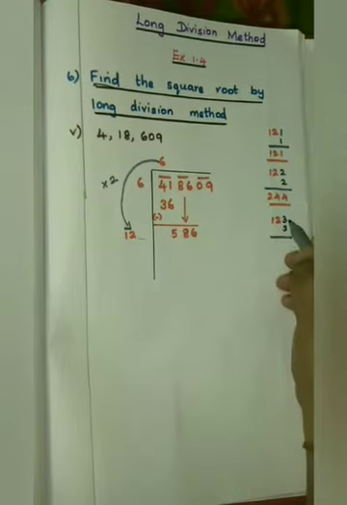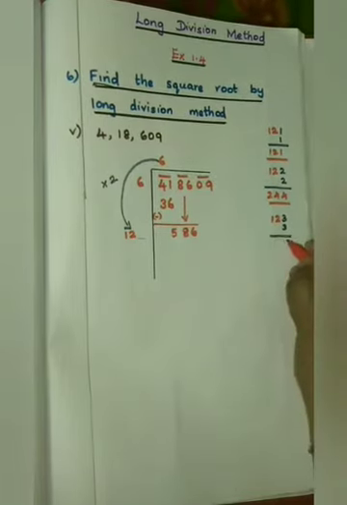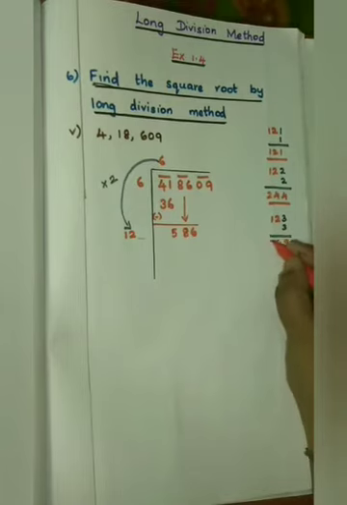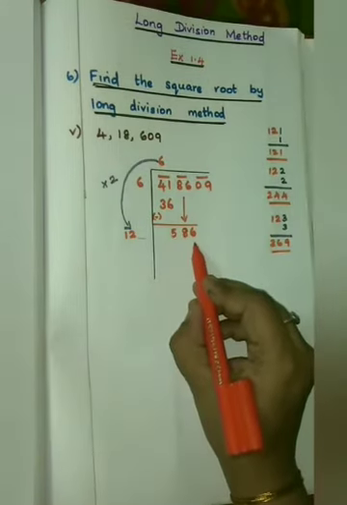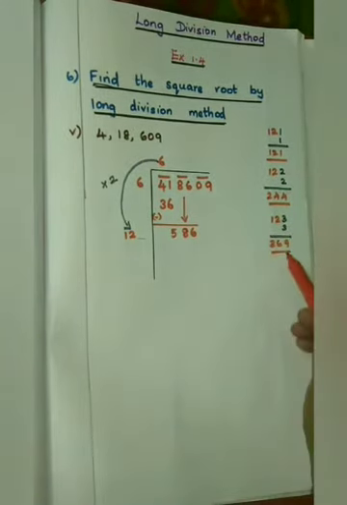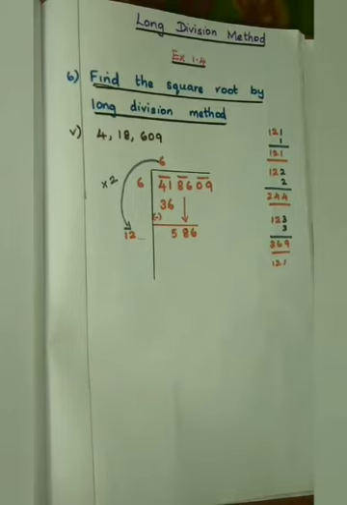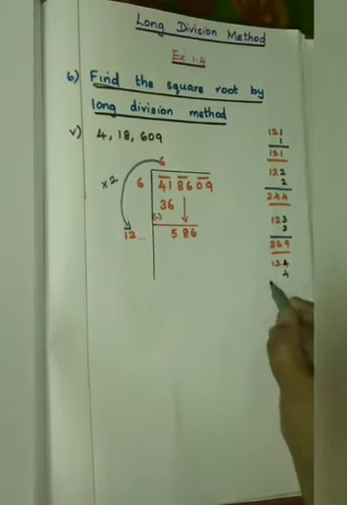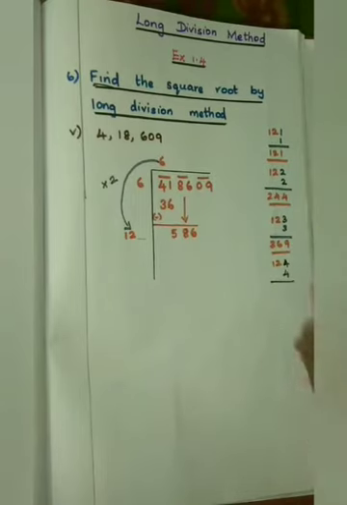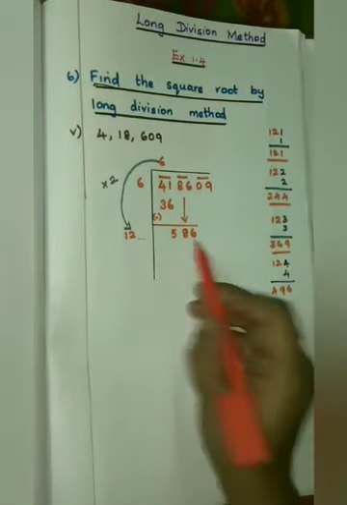So what do you get? 3 3s are 9, 6, 3. So 369, which is smaller than 586. So let's move on to the next number, 4. So 12 followed by 4. Multiply 124 by 4. 4 4s are 16, 2 4s are 8, 9, 4. 496, which is smaller than 586.